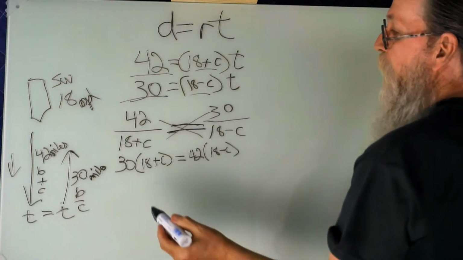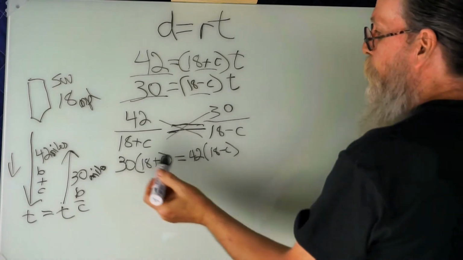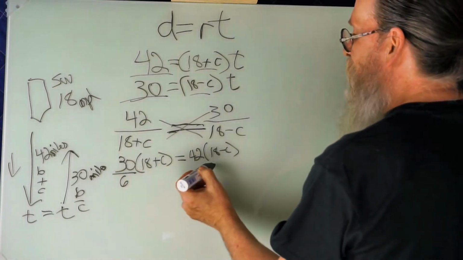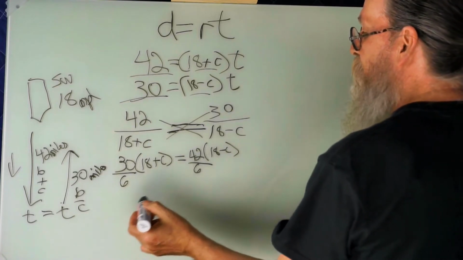Then we can simplify whatever we like to do. We've got a 42 and a 30 here, so we can divide both sides by 6.